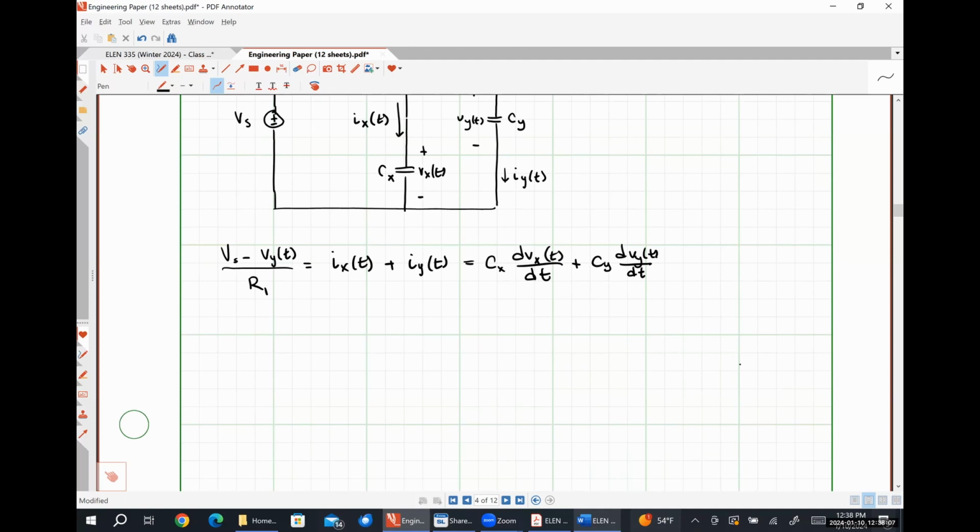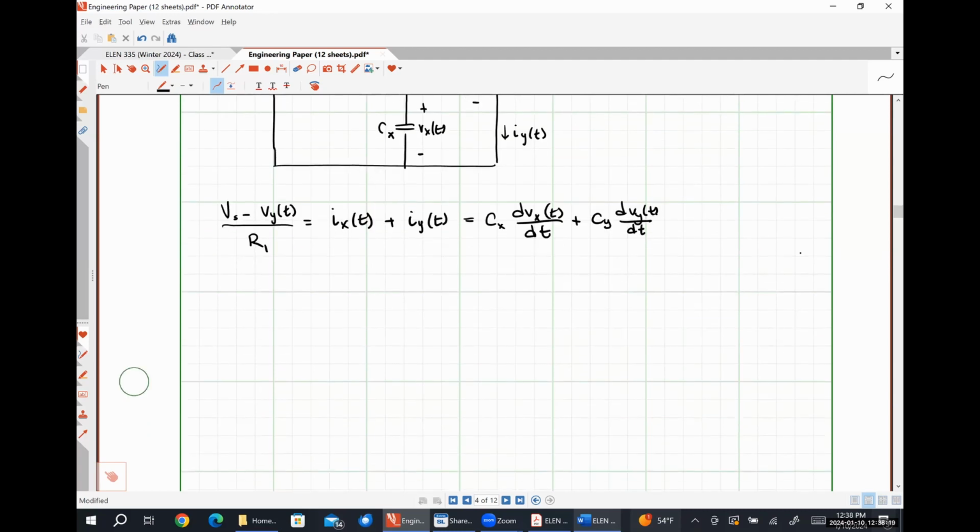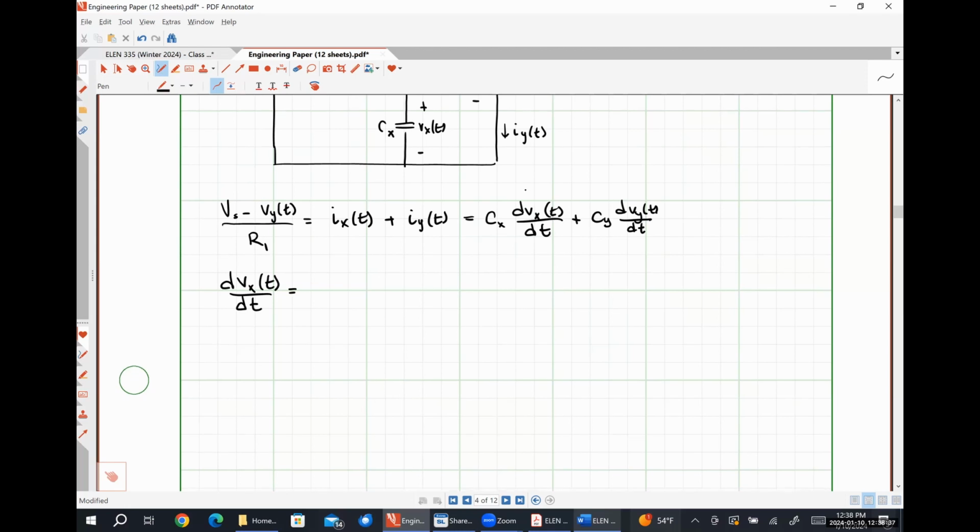And now, just for the sake of argument, let's put the derivative of Vx on one side by itself, okay? So the derivative of Vx with respect to time is going to be equal to, so let's see, this part's staying over here where it is.